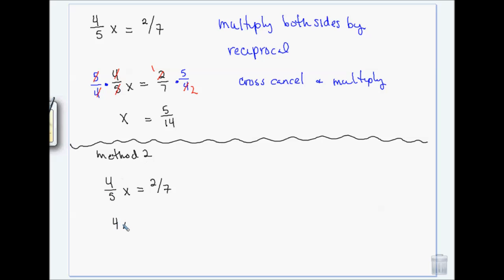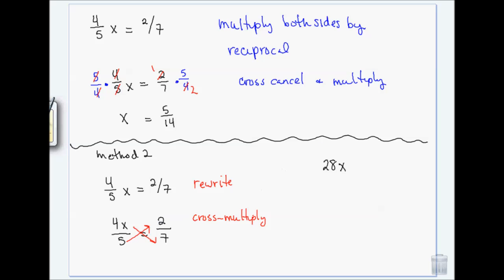4/5 x is the same thing as 4x/5. So I can rewrite it like this if I want to. And then I can cross multiply. I can do 4x times 7, that gives me 28x.